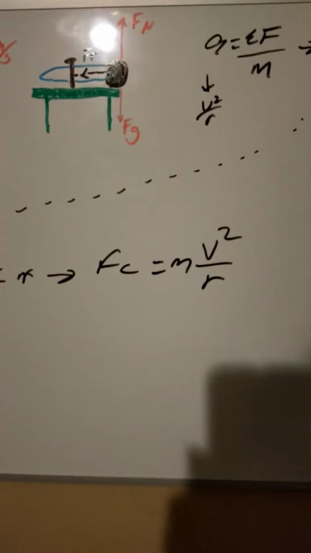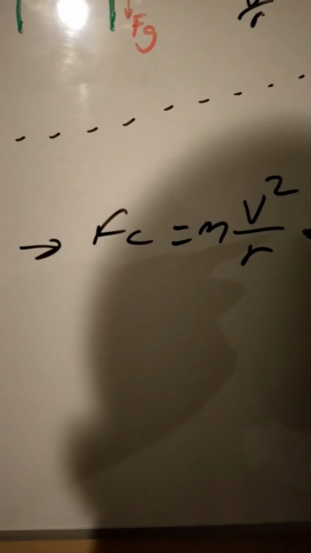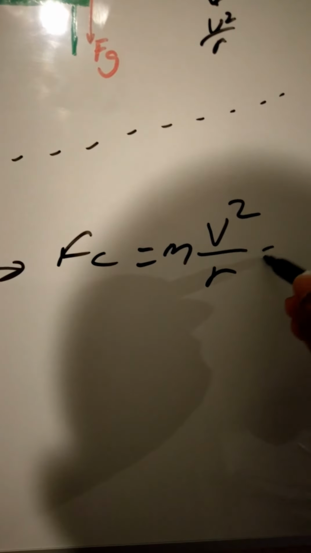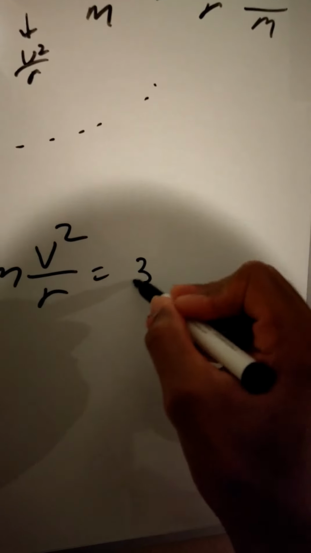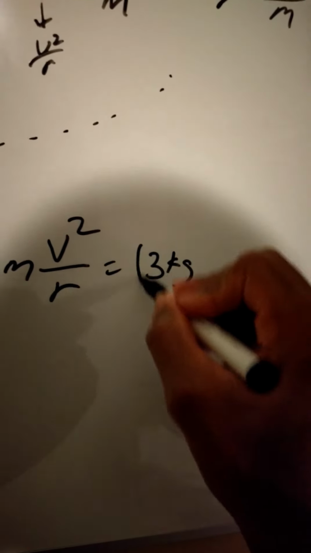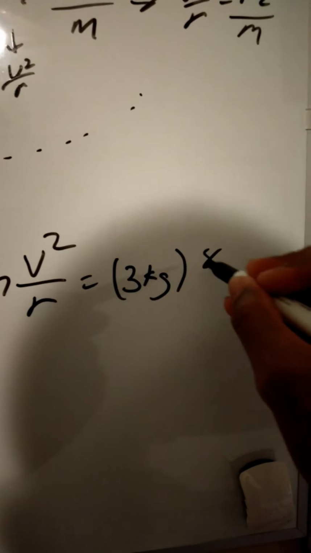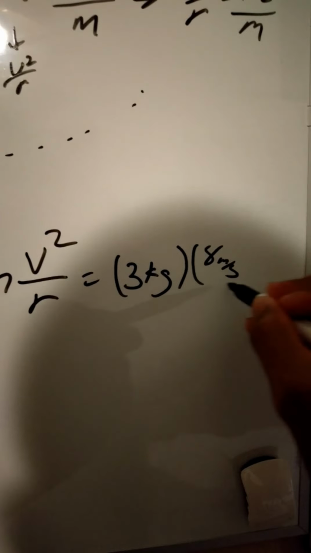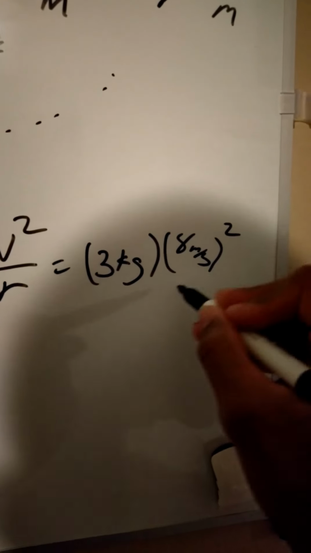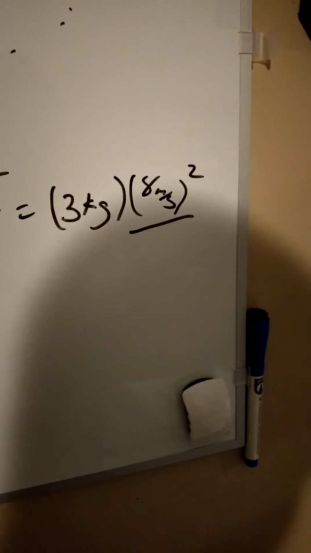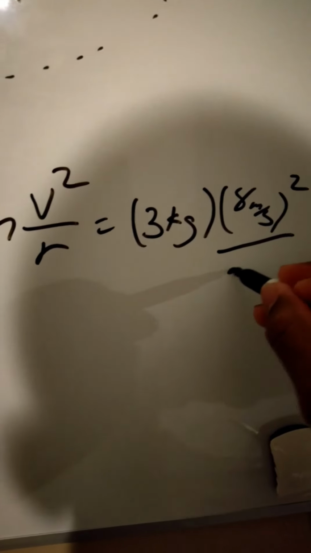And now I can plug in my values. My mass is 3 kilograms. My velocity is 8 meters per second squared. And my radius is 0.4 meters. So I can plug this into the calculator.